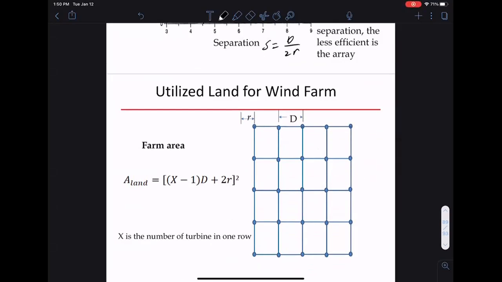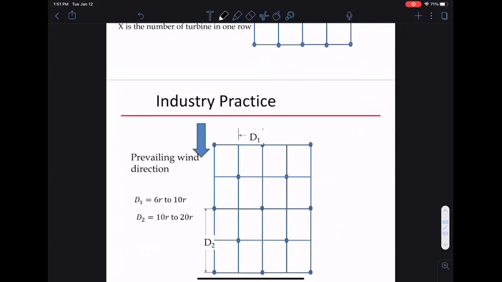We can compute the total area, the land we need, given a certain distance between the turbines. This is the amount of land we need, and based on the amount of land we have and the efficiency, we want to figure out some sort of rule of thumb of how large the separation is.